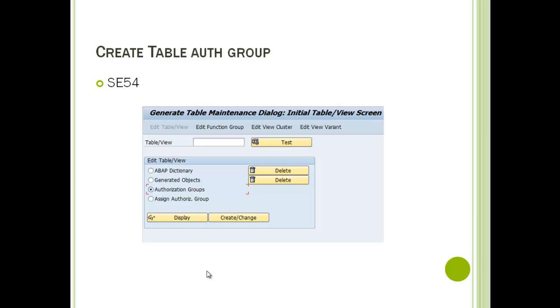But in this case, be very careful when you are changing any SAP standard tables to a different authorization group. This will have a huge impact, especially when you are changing the authorization group or making any modification in the SAP standard tables. So you need to understand all the business processes related to this specific table.